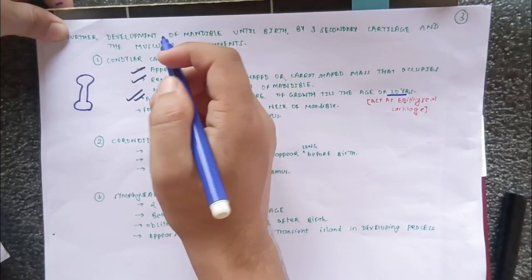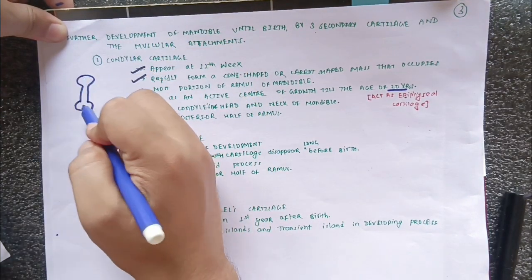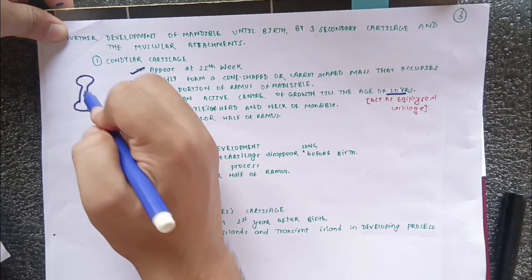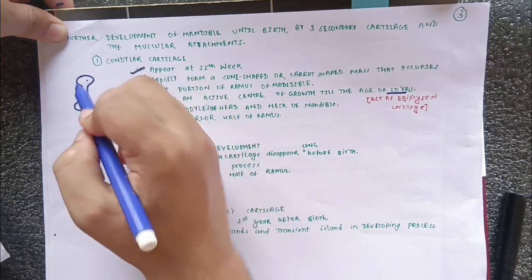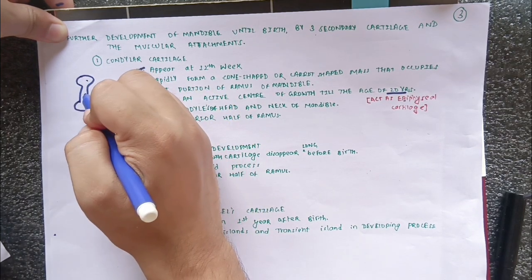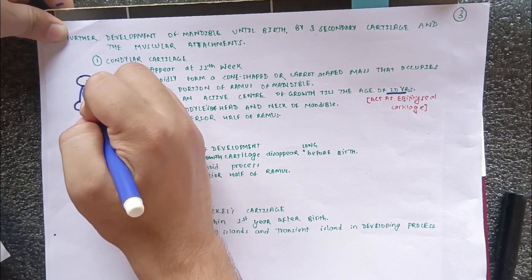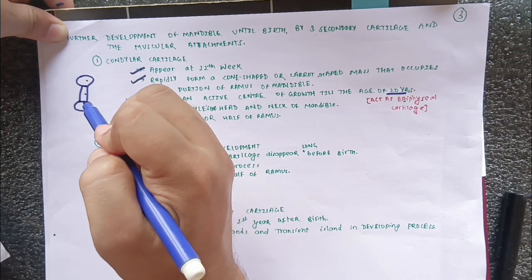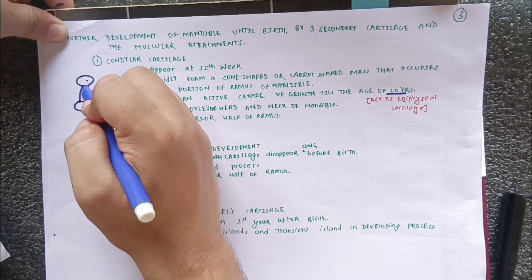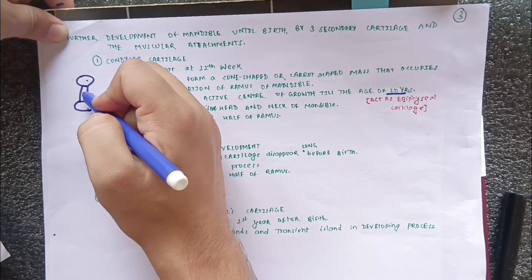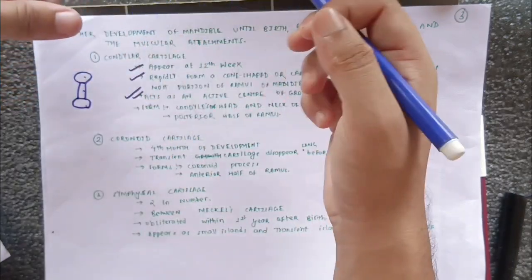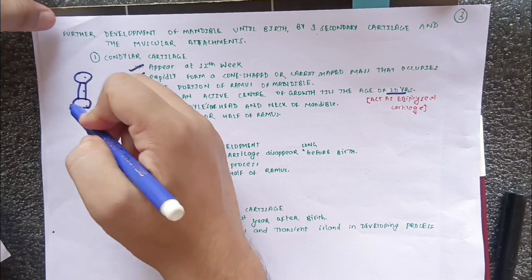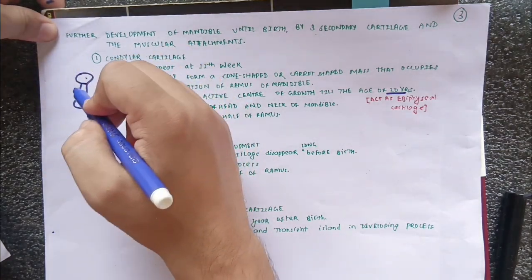As we have learned in our general anatomy, this two portion is epiphysis, and this is a diaphysis. Between the epiphysis and the diaphysis, there is the presence of the epiphyseal cartilage. That epiphyseal cartilage helps in the growing of the bone. It increases the length of the bone. It helps in the secondary development of the bone.